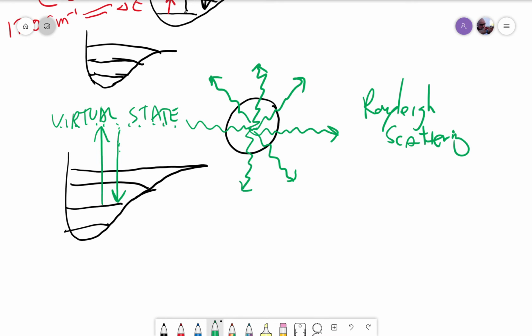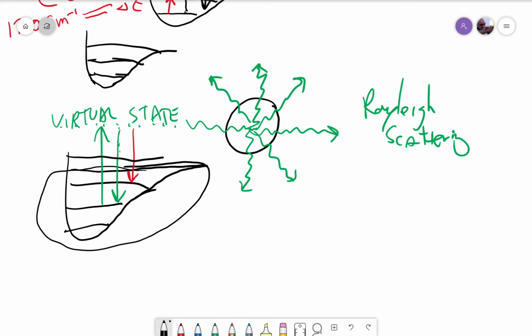If it goes up and comes down, then we can actually start observing the possibility that when it is re-released, it may actually only be re-released back down to a higher vibrational state. Again, note that it did not change electronic state, but the energy of the re-released photon would be different than that of the incoming photon.